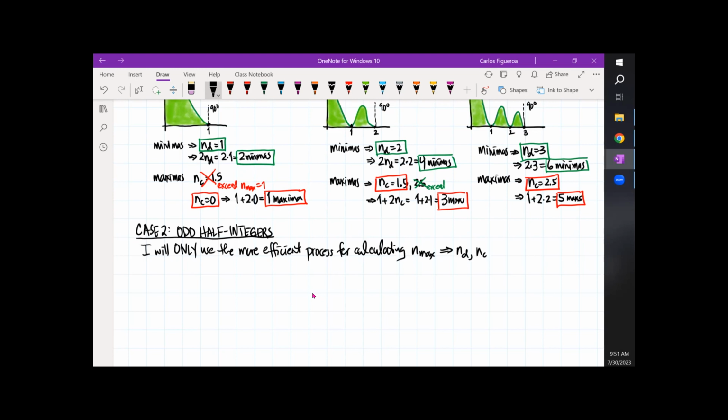So let's try a different situation because we want odd half integers. I'm going to select lambda equal to 600 nanometers, and then A is going to be 1500 nanometers.